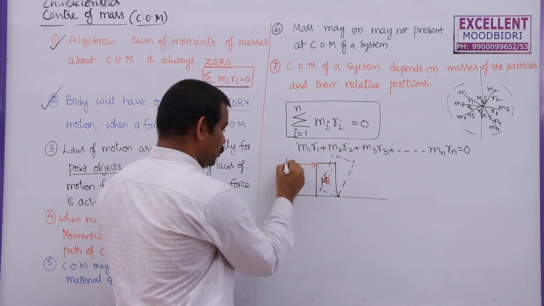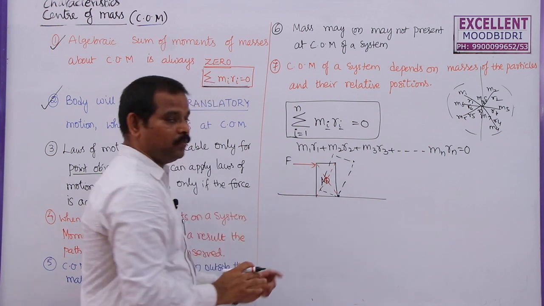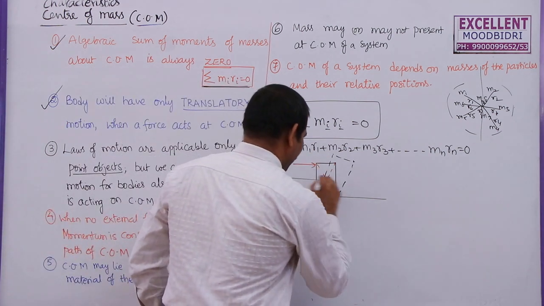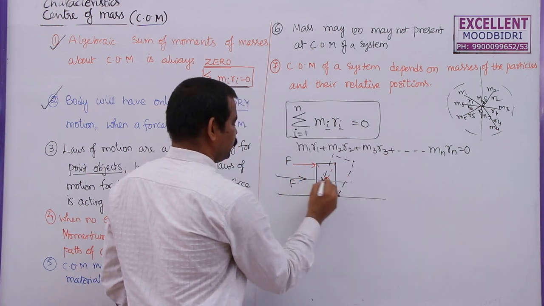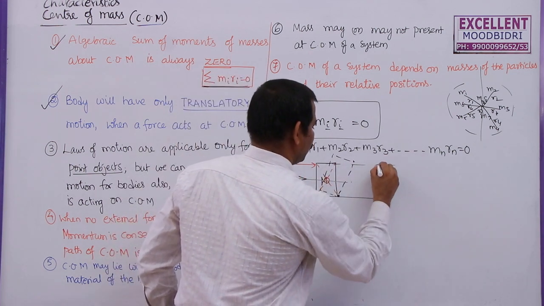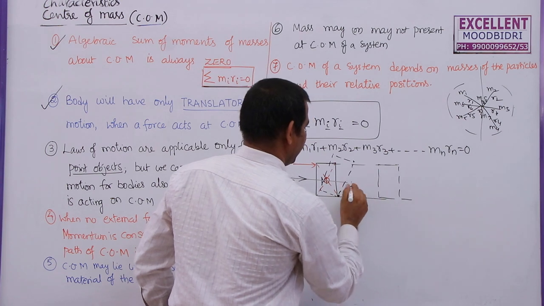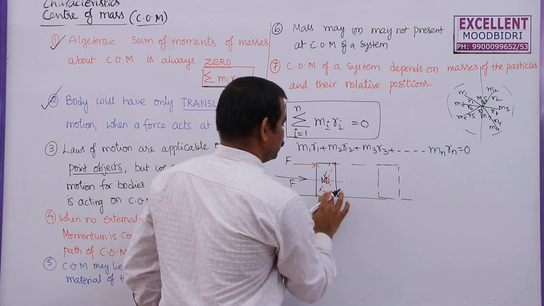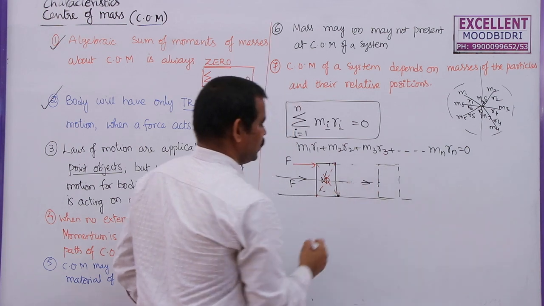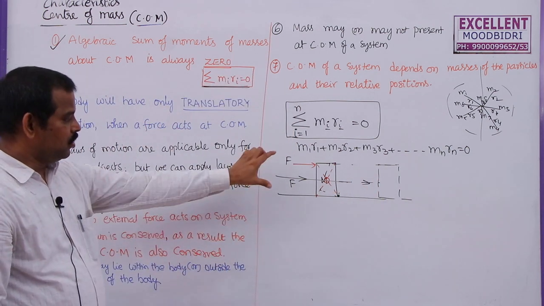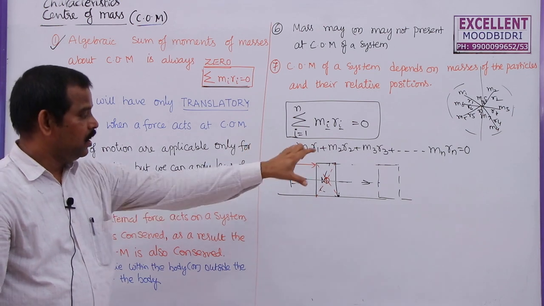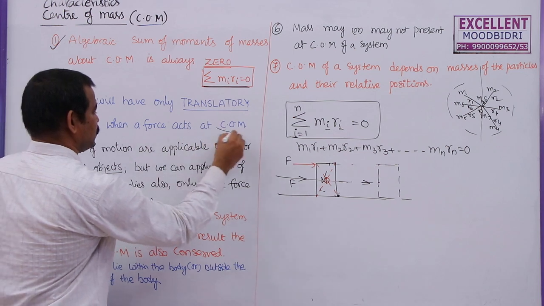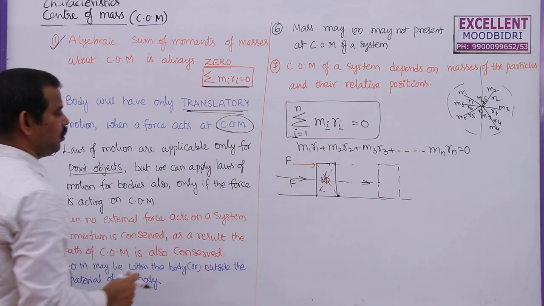So whenever a force is acting at some other point, the body may not have translatory motion. But if you apply force along the center of mass, the body will always move in a straight line. It will not rotate. This we already discussed as translatory motion. Motion of a body, that is a system of particles, along a straight line is called translatory motion. So whenever you apply force at center of mass, the body will have translatory motion.